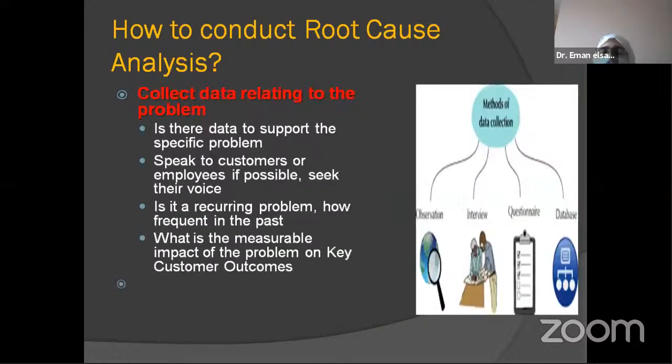Second, collecting data. Collecting data about what? About what the customer needs if we are making it proactive.